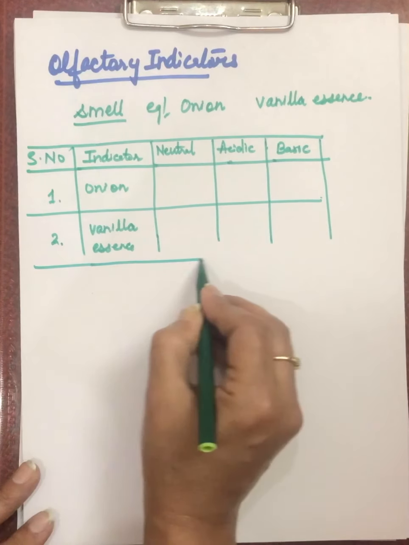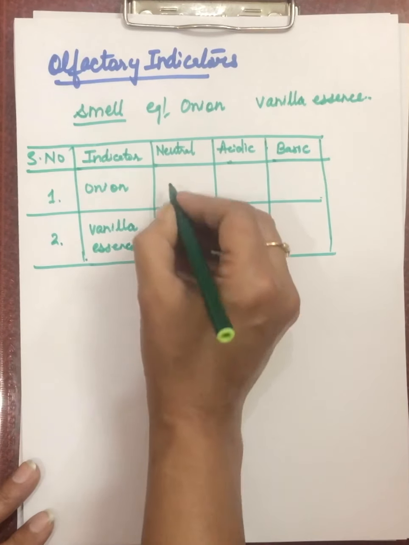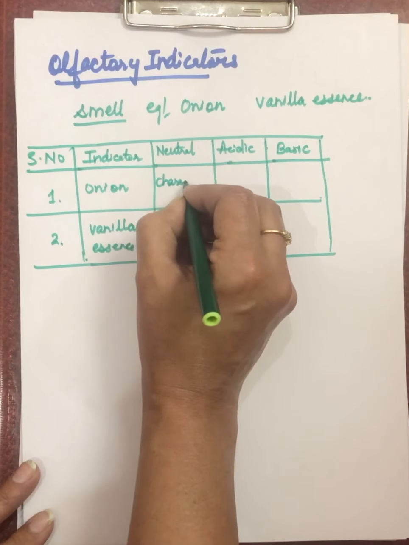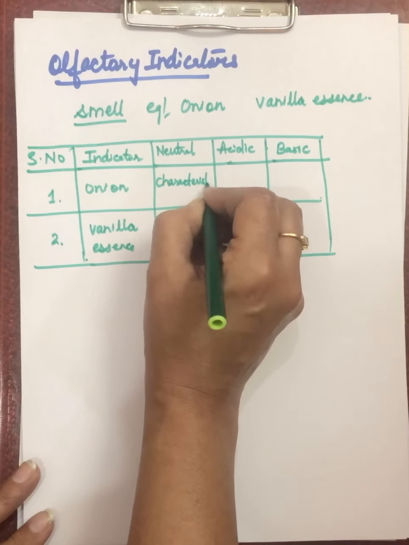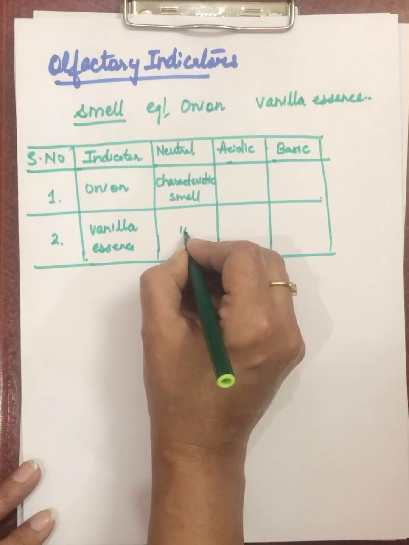Now we know onion and vanilla smell, the characteristic smell of onion and vanilla. So the characteristic smell in neutral medium: the smell of onion, and here the smell of vanilla.